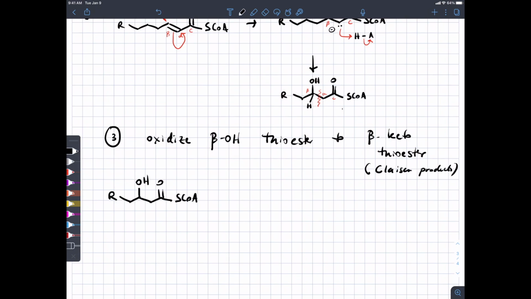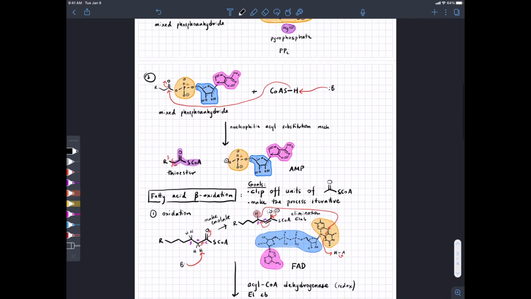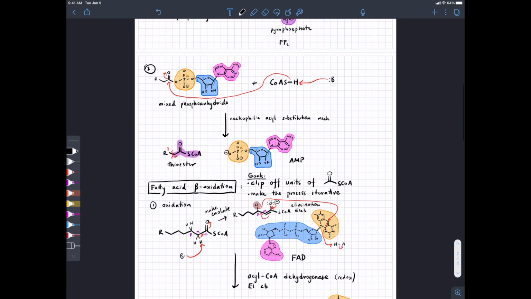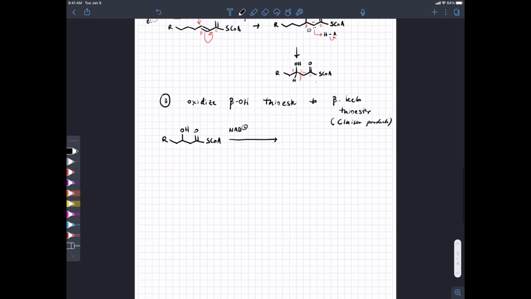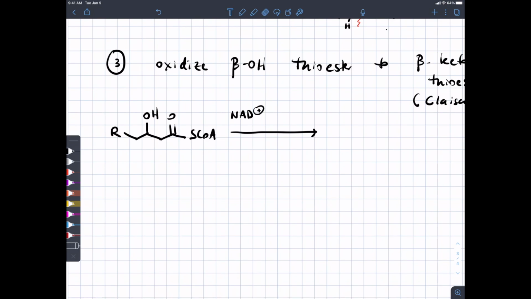We're going to use NAD+, and I believe I've shown you a mechanism before where we used NAD+. Maybe not. Did we do? Yeah, that was last time. We did. We oxidized glycerol using NAD+. So I'm not going to show that mechanism.